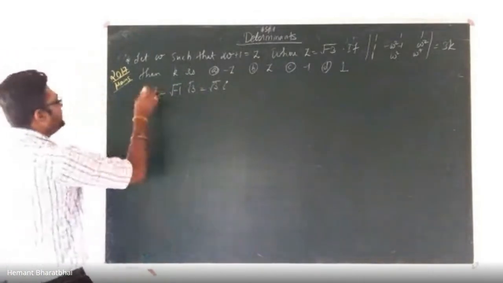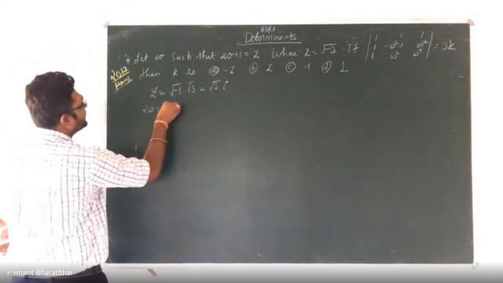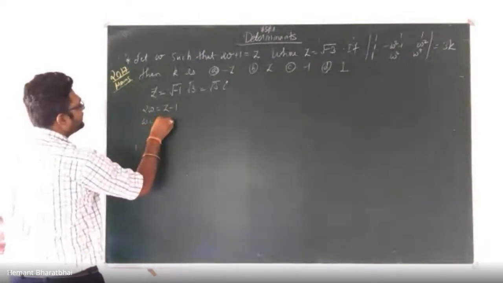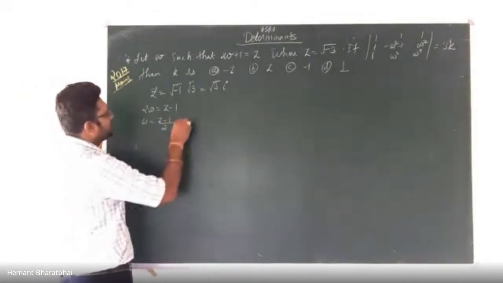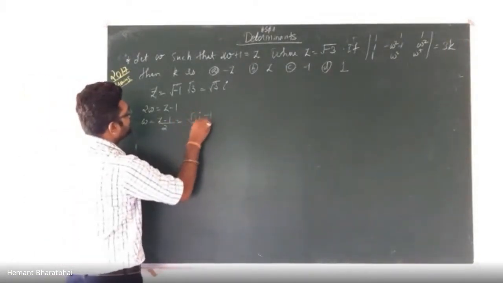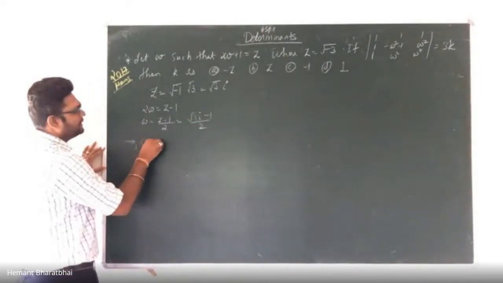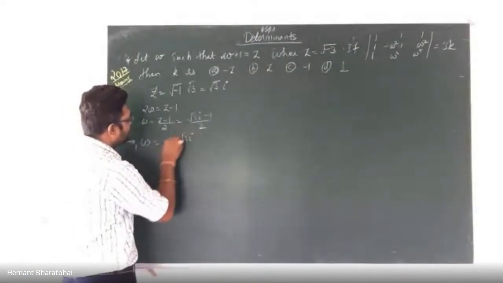Next, from here I can find the value of omega: 2 omega is equal to z minus 1, therefore omega is equal to z minus 1 upon 2. The value of z is root 3 i, so that will become root 3 i minus 1 upon 2, which can also be written as omega is equal to minus 1 plus root 3 i upon 2.